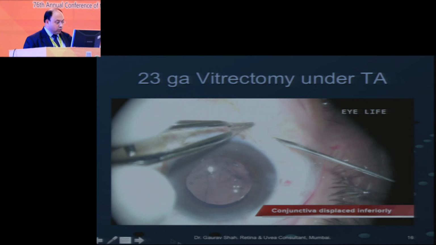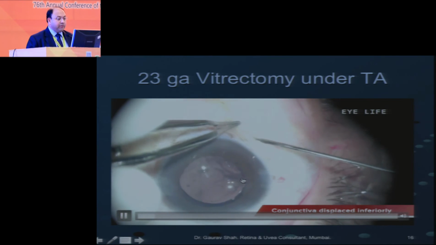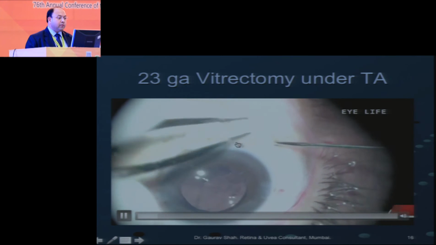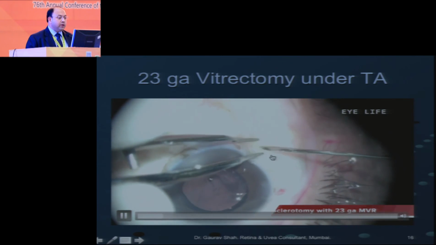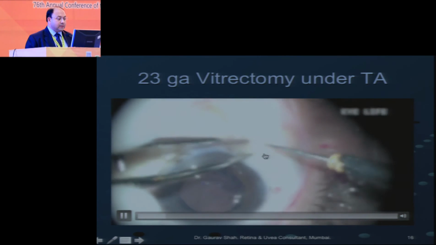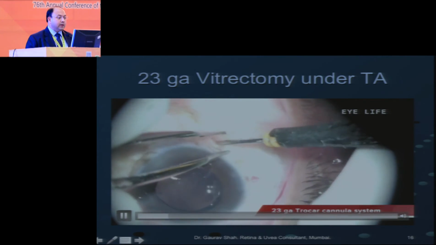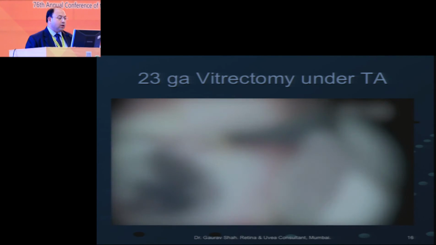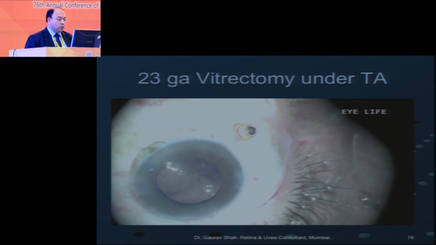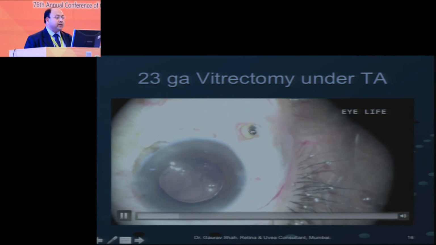So here we use a 23 gauge MVR, and after we have made the incision with a sharp MVR, then we use the trocar cannula system. You will see that it doesn't require much of a push. We are actually rotating the trocar so that it goes inside. The trocar is removed and the cannula is left in place.